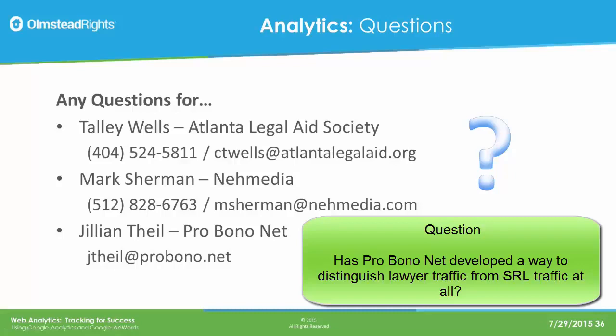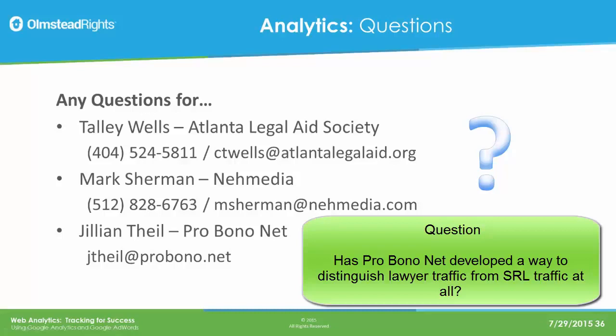Those people you can make one segment, and then you can say whoever looked at your state resources section, that's a different segment, and you can compare those things. That's a really great way to tell the difference in lawyer traffic. And you can actually set up multiple profiles within Google Analytics, so you can have one that only tracks those people that hit your lawyer resources pages and another for those that hit the state advocacy resource pages.